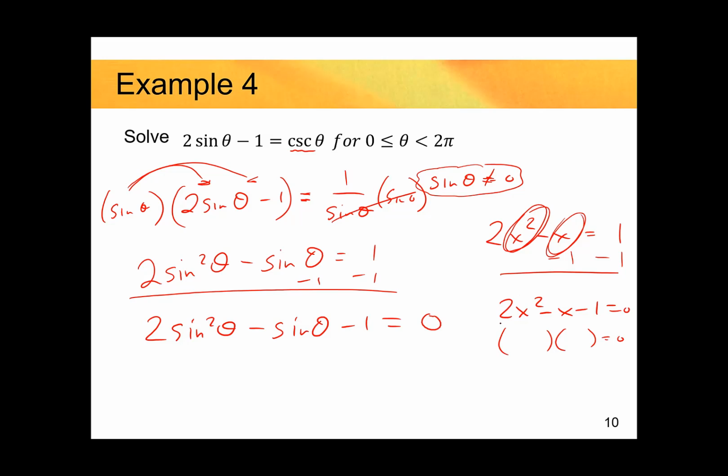Or actually, this is the way I would do it, just break down 2x squared. Perfect, yeah, absolutely. 2x times x. You always do the front numbers first to get going. And then the question is, how do you multiply to get a -1 so that when you add things together, you get a negative x in the middle?